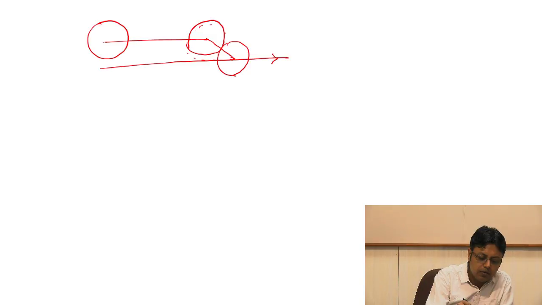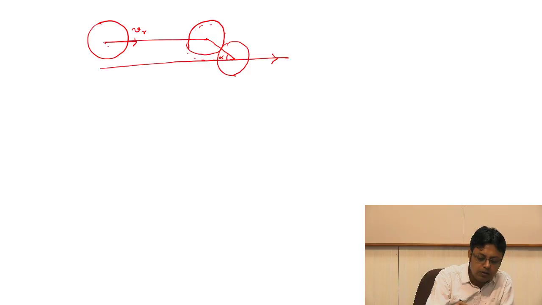For that, there is a V relative along this direction, and suppose it is making an angle alpha with respect to the second molecule.